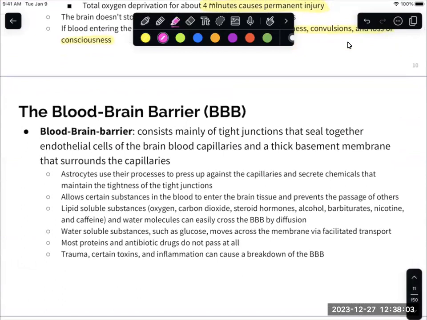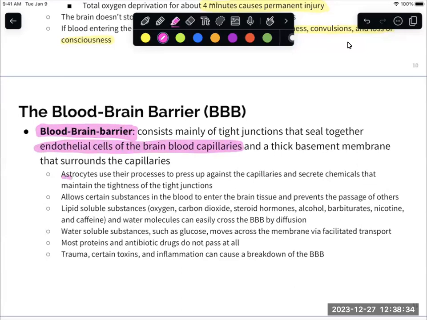This is the blood-brain barrier. Blood does not come in direct contact with the brain, as we mentioned in chapter 12. We use endothelial cells of these brain blood capillaries to help create this barrier.